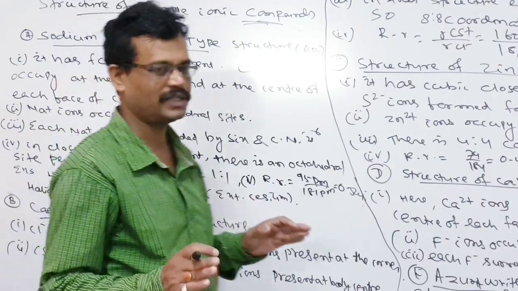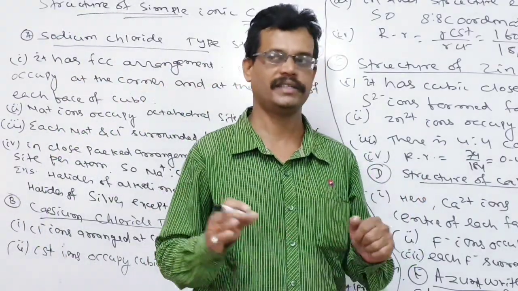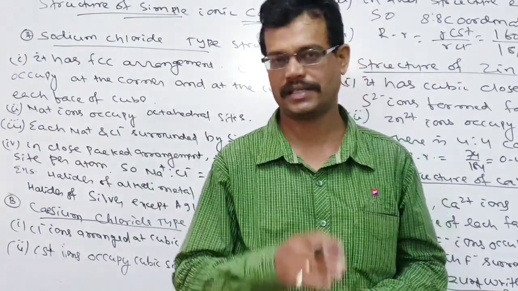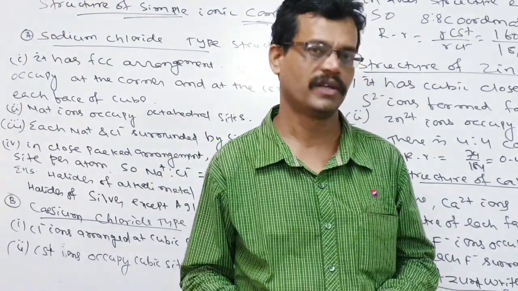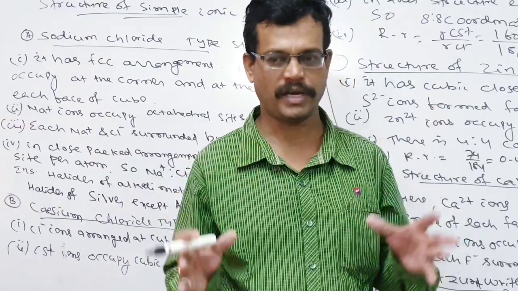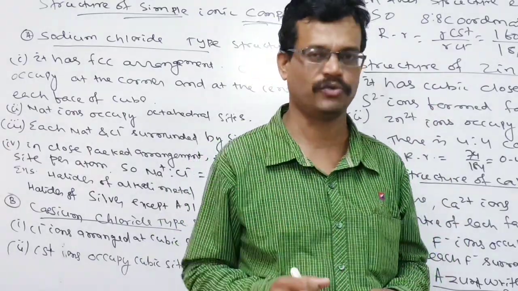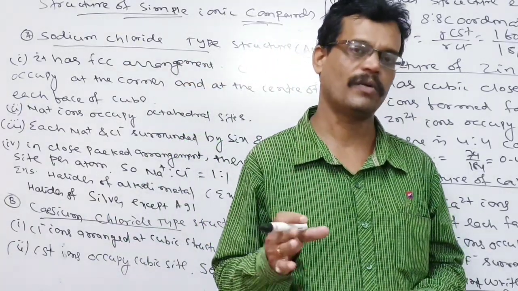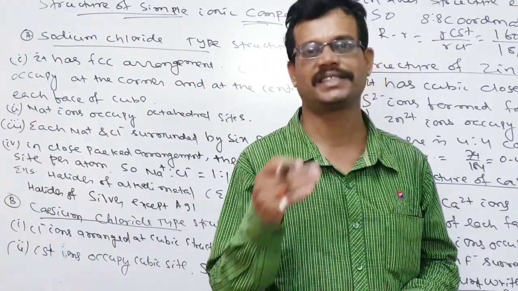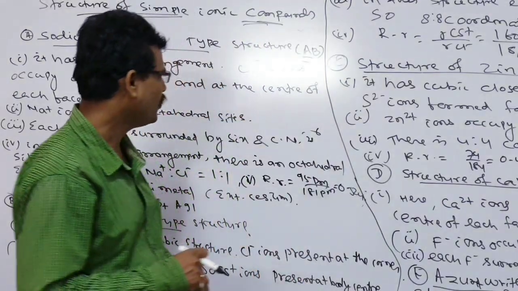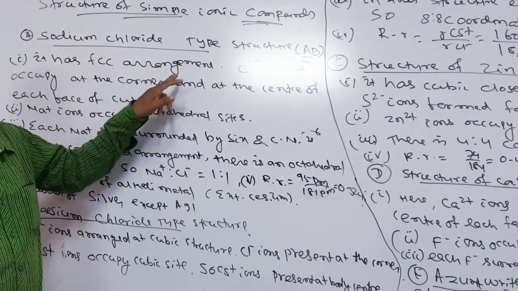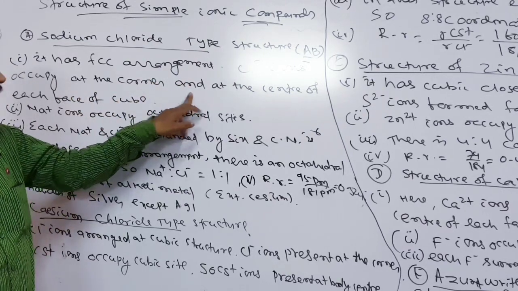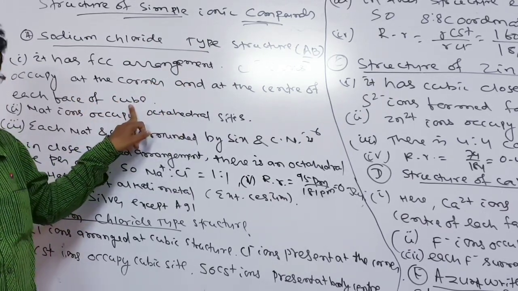Already I told you that since the size of the anions is large compared to the cations, anions occupy the main positions, face and corner positions, whereas the cations, due to their small size, occupy void or interstitial positions.